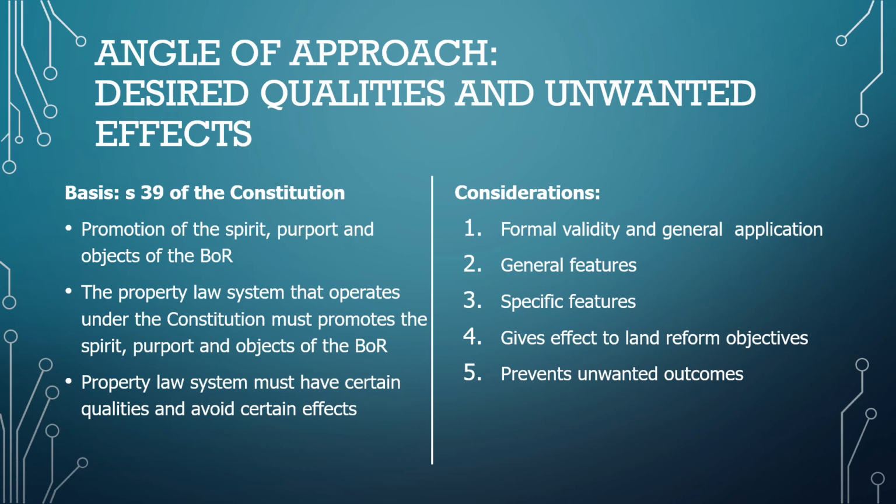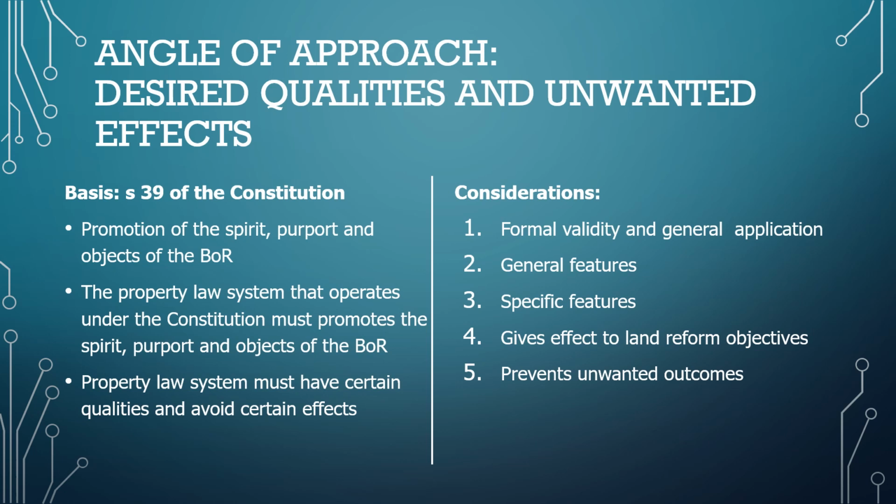applied. Now, where only one source survives the subsidiarity analysis, the desired characteristics and unwanted effects test will confirm whether the source indeed promotes the single system principle as well as the spirit, purport, and objectives of the Bill of Rights. While in the event of more than one source surviving the subsidiarity analysis, the desired qualities and unwanted effects test will show which one of the sources promotes the single system principle and the spirit, purport, and objects of the Bill of Rights most.